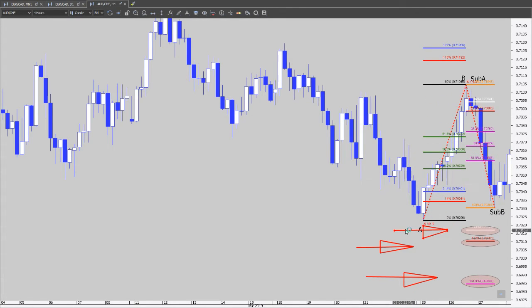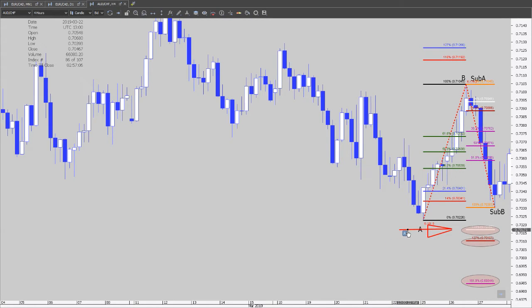White retracement, the extensions of the contrarian, white is below the A. The dark red is below the A. And of course the pink or the violet level 61.8, 50, 38.2 again are below the A. So we're going to delete the arrows.